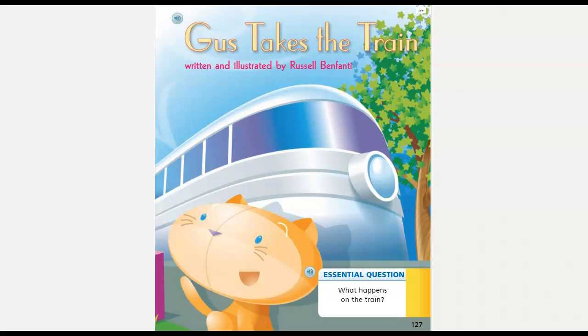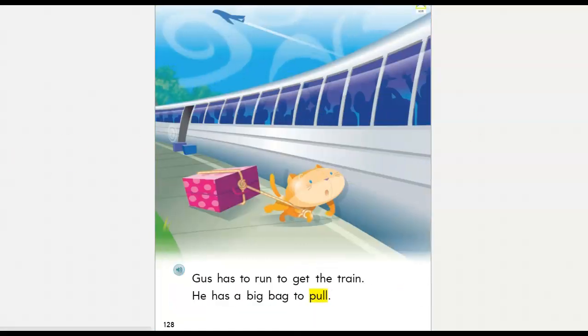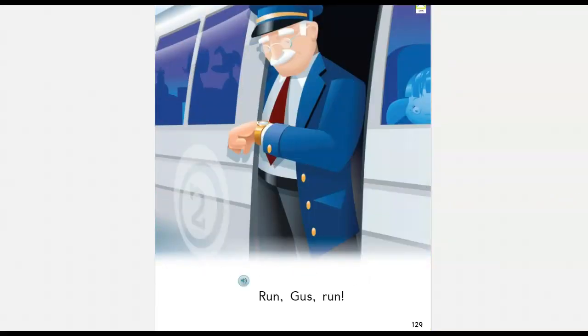So let's think about what Gus does first. What does he do first? Well, let's look at our pages first. So Gus is at the train station. He is going up to the train. He sees the conductor.